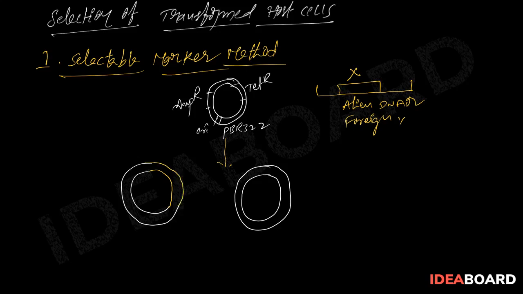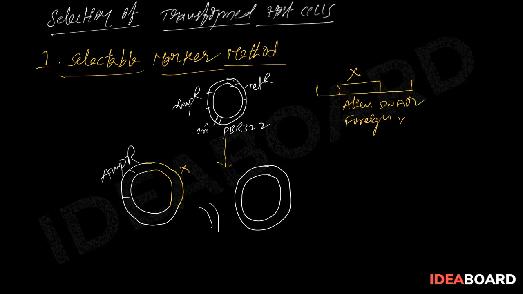This is foreign DNA, and this is the removed segment of DNA from the plasmid, and two restriction sequences are present at the tetracycline region. So if you remove the tetracycline region, restriction sequences also will be removed, so it loses the resistance against tetracycline. So this is the altered vector, but as usual ampicillin is present. This is the ampicillin region, and here you can take foreign DNA, which we denote with X.